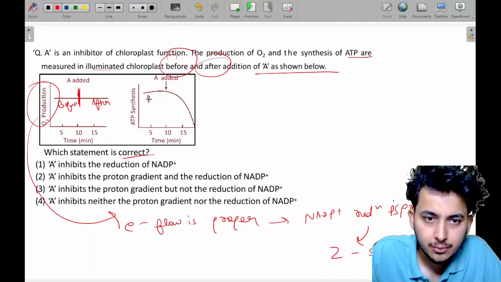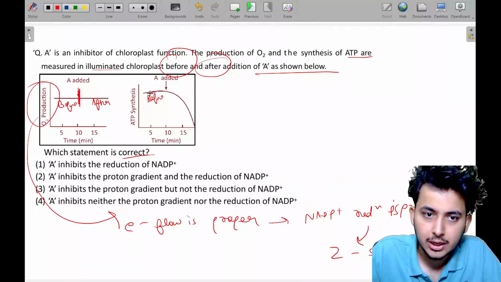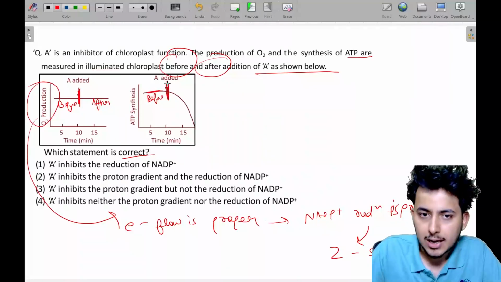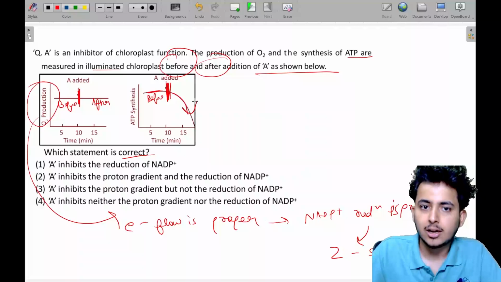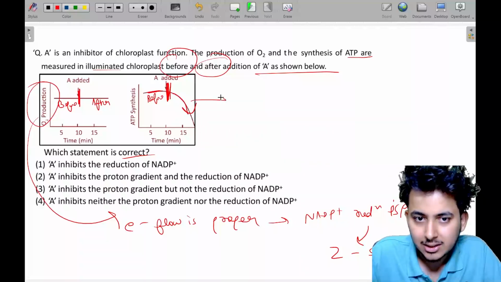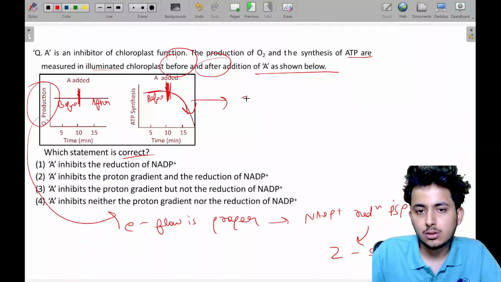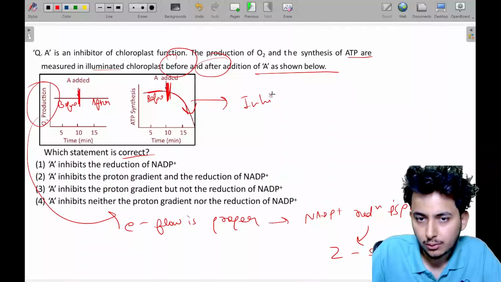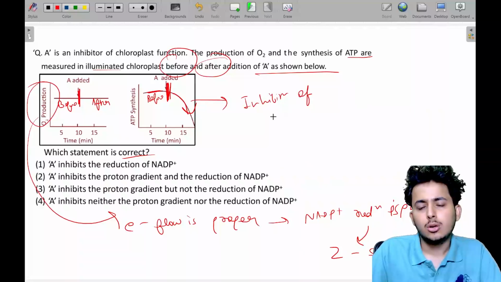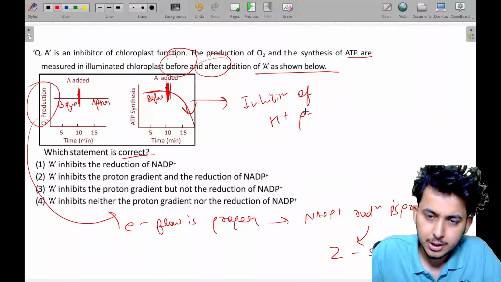Here you can see that before A addition, ATP synthesis was high. As soon as A is added, that declines. So if it is declining, that means there is an inhibition of the proton gradient. There is something to do with the proton gradient.